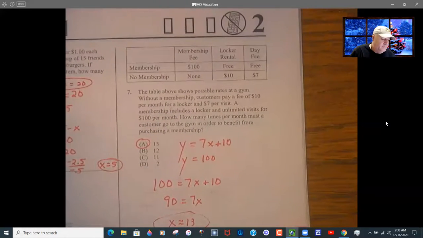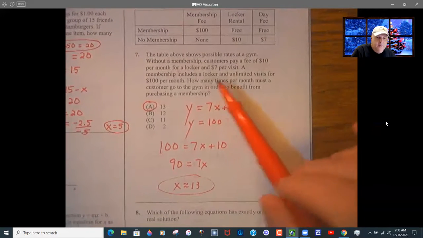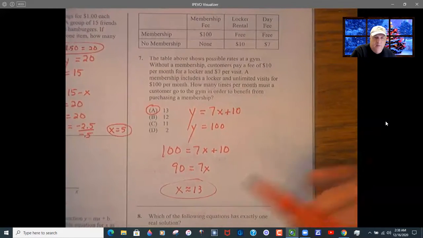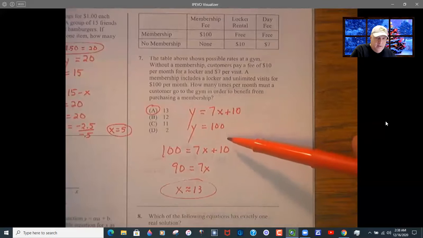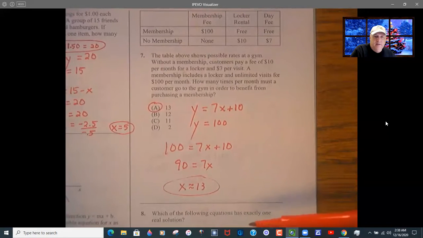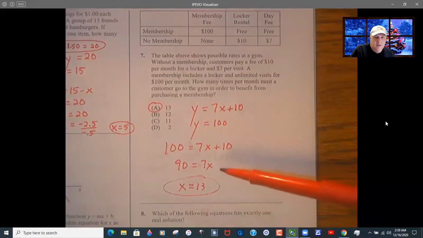Problem 7. Okay, so we have a flat fee of $10 and then $7 per visit. So there's that word per again, which gets at the idea of a rate. And then the other one, just a flat fee of $100 per month. So how many times must you visit the gym in order to benefit from purchasing a membership? So you have to set them equal to each other.